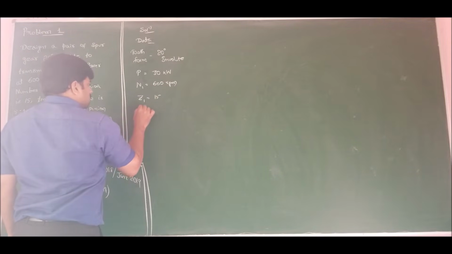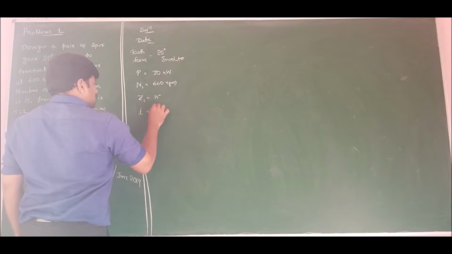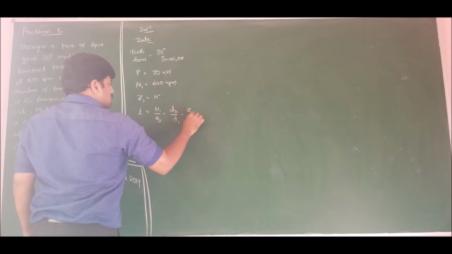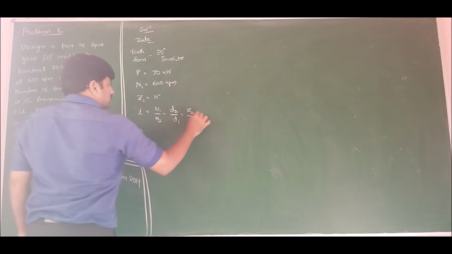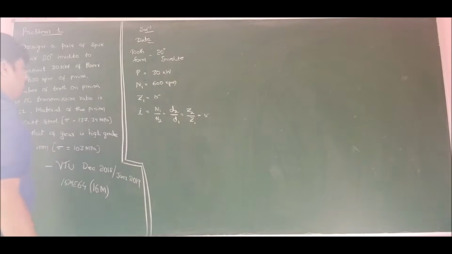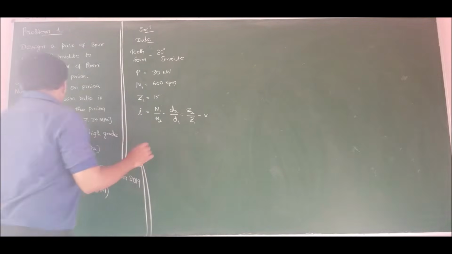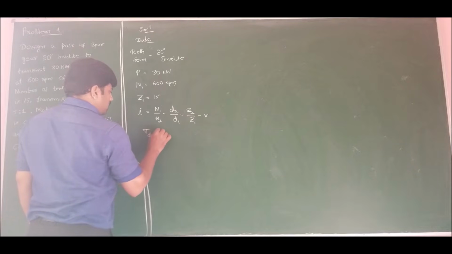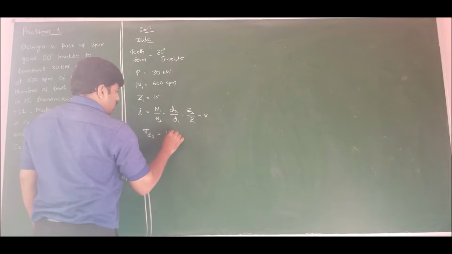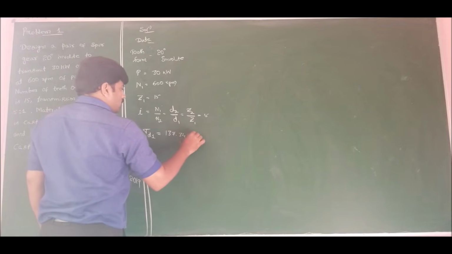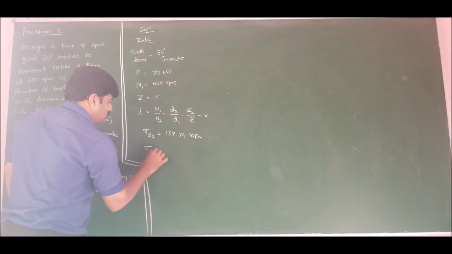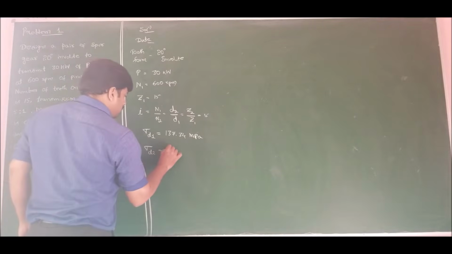The transmission ratio, that is speed ratio, given by N1 by N2, which is D2 by D1, which is Z2 by Z1, is given as 5:1, that is 5. Material of the pinion is cast steel, so pinion static strength sigma D1 is equal to 137.34 megapascals, and that of gear, sigma D2, is equal to 103 megapascals.